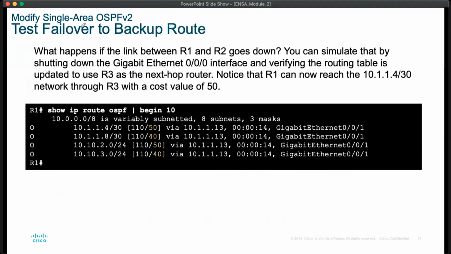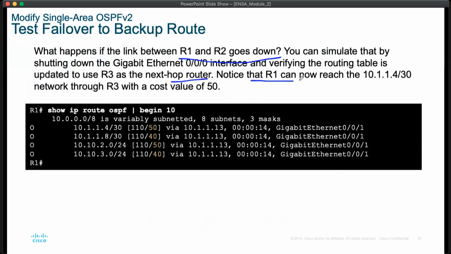Test failover to backup route. What happens if the link between R1 and R2 goes down? You can simulate that by shutting down the GigabitEthernet 0/0/0 interface and verifying the routing table is updated to use R3 as the next hop router.